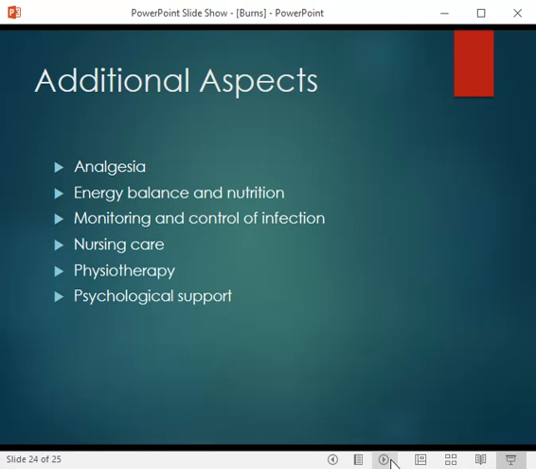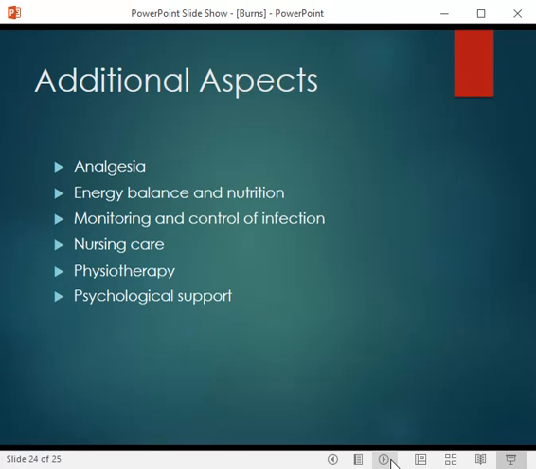Infection, again, as I said earlier, skin is your first barrier against infection, and now in burns that skin is gone. So you need to monitor, and if you find there are infections, then you need to control those infections. Nursing care, simple things as changing posture in the bed, simple things as keeping proper hygiene, proper nails, and all that may make a very big difference in management of a burn patient.